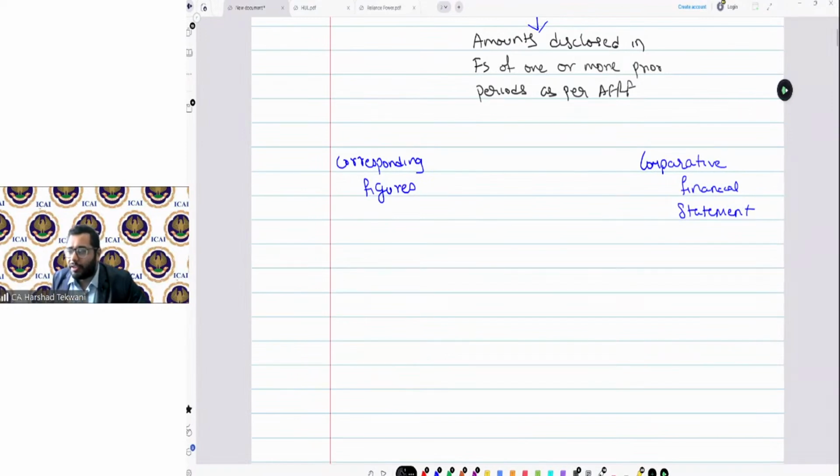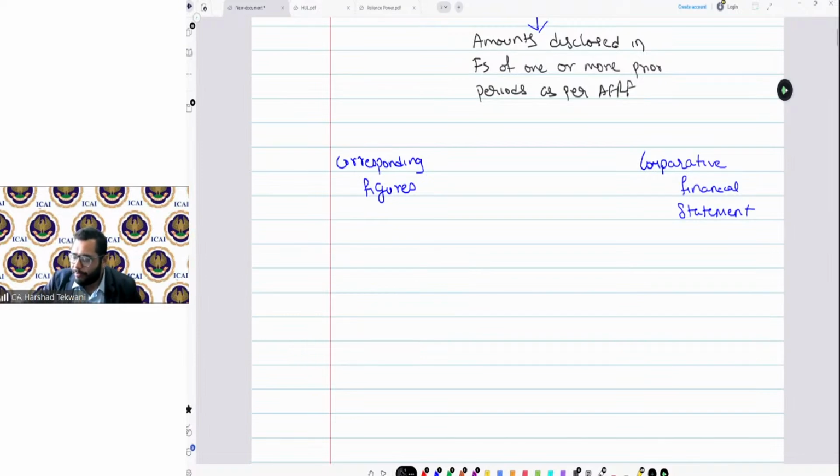Now I'm giving corresponding numbers over here, not in much detail, but at a level which is intended to be only read only in relation to the amount of the current year.